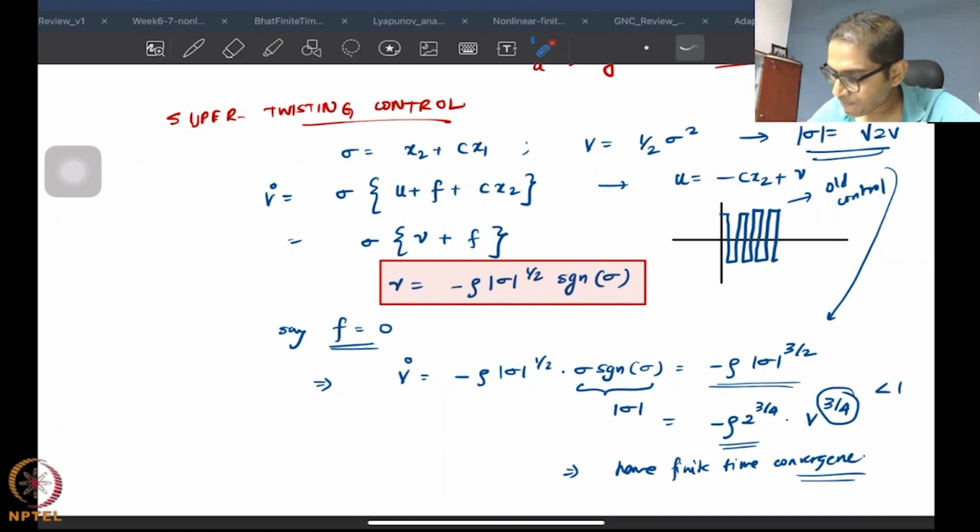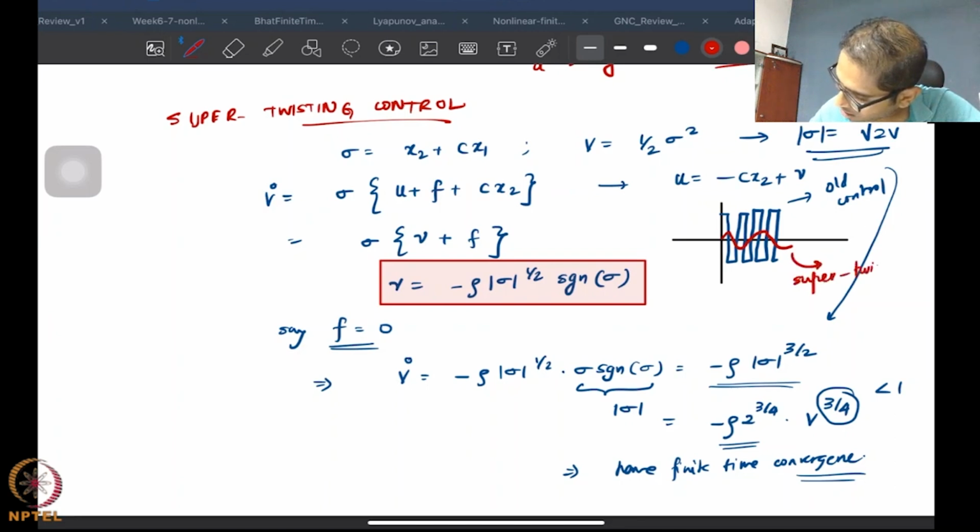It was like a bang-bang. Here the movement is much smoother. If it's slightly positive, you only have a slightly up curve, slightly negative, slightly down, and so forth. So this you will have as the super twisting control.